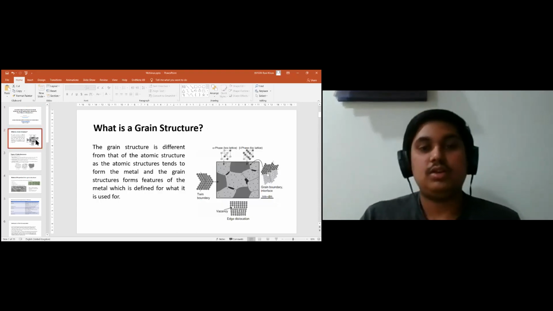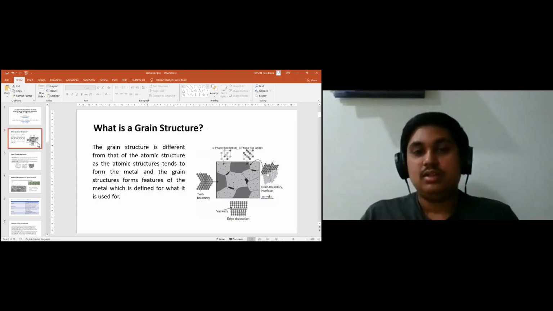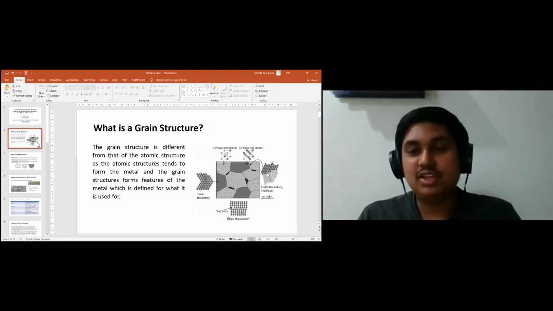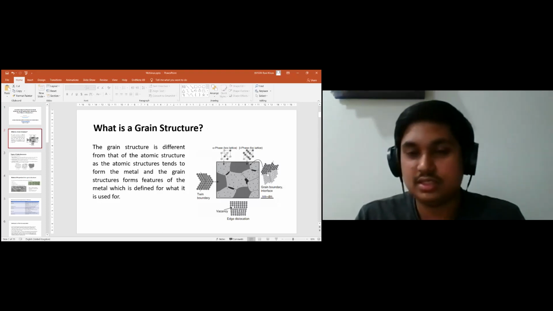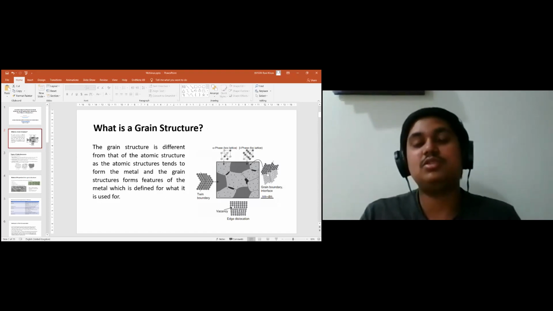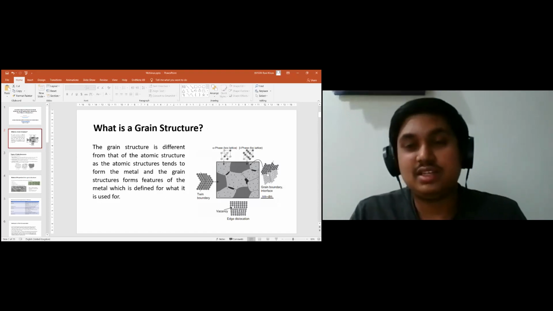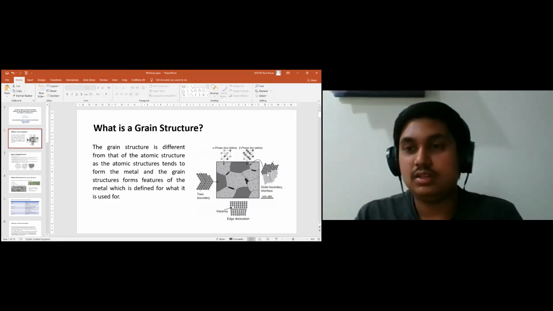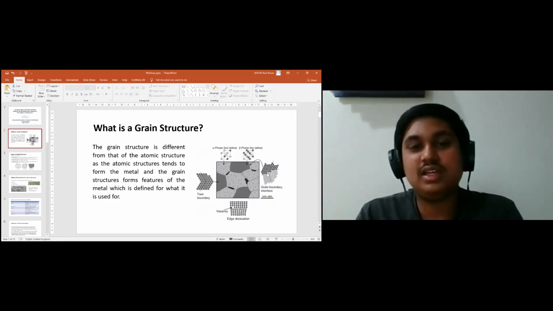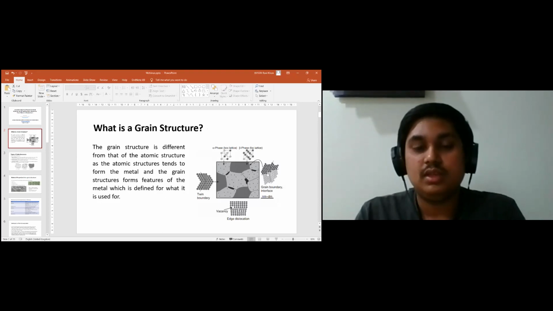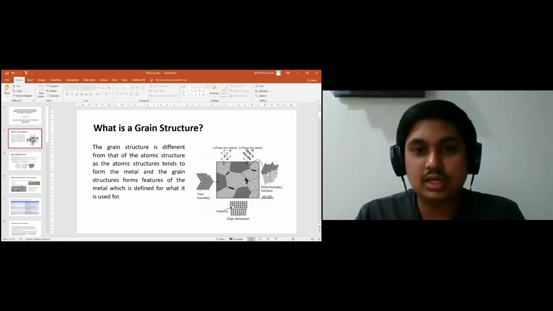So, what are grain structures? Many get confused that it is just the atomic structures that we are going to study, but these are different from the basic atomic structures, because atomic structures generally constitute the material that we get after getting it out of mining.